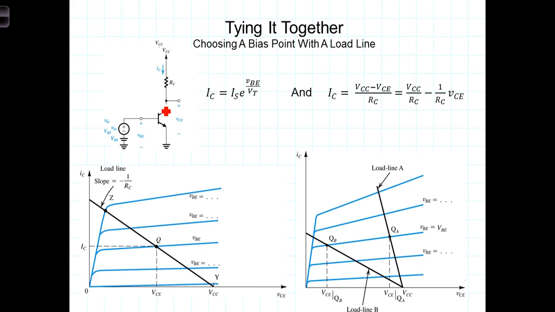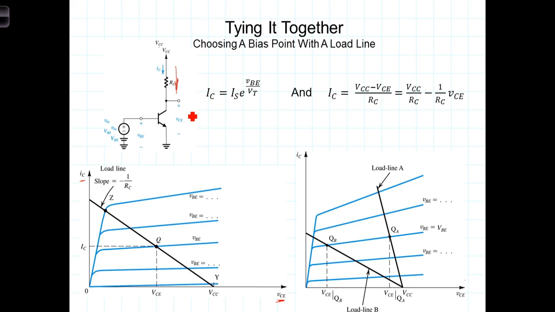So another graph to look at, another interesting graph, graphs the output voltage VCE and the current IC. So what we're doing is we're looking at a graph of this current as a function of VCE.